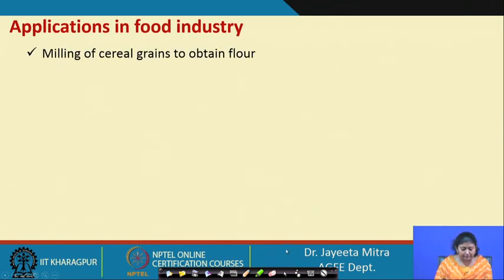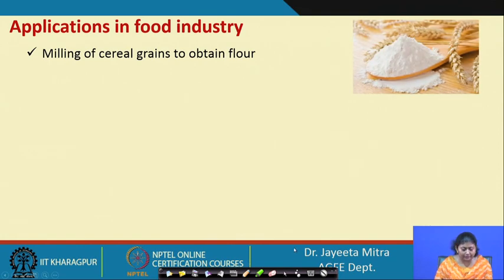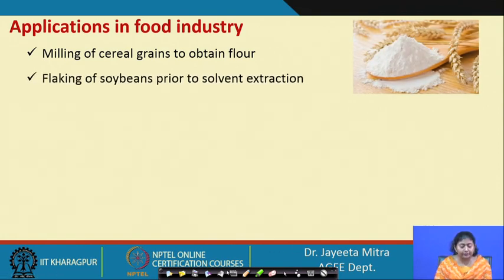So, as I mentioned, in the food industry there are many applications. Cereal milling, which is to obtain different kinds of flour. Nowadays not only single grain samples, but multi-grain products are becoming more and more important in terms of consumer preference, because if we mix many grains, we get multivitamin and mineral rich products.